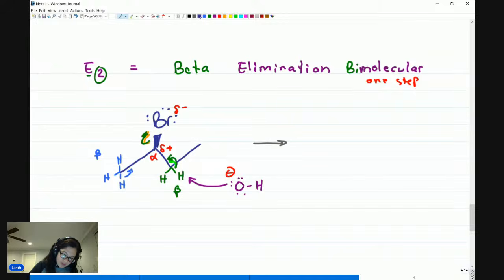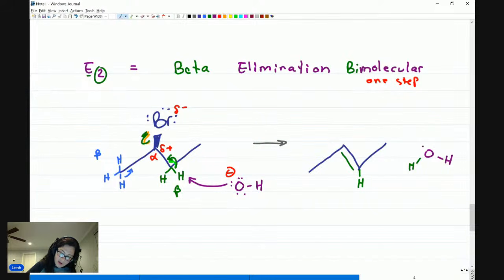And what we're left with now is a molecule that looks like this. We have our carbon chain. There used to be 2 hydrogens here. Now there's only 1. There is also a pi bond sitting between the former alpha and former beta carbon, like this. And somewhere off in solution, I have my OH, which is no longer an OH minus because it has that extra hydrogen.